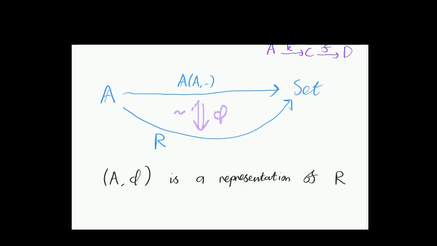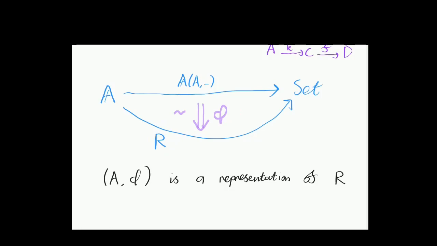And I'm denoting that this is an isomorphism using this tilde, this twiddle symbol here, which denotes that this arrow here, this 2-cell, is actually an isomorphism. Okay, so when R is a representable functor, well, that means that we can find this object A and this natural isomorphism phi.